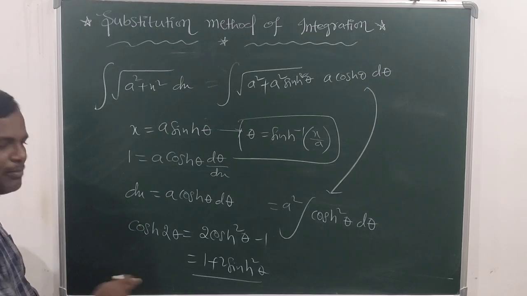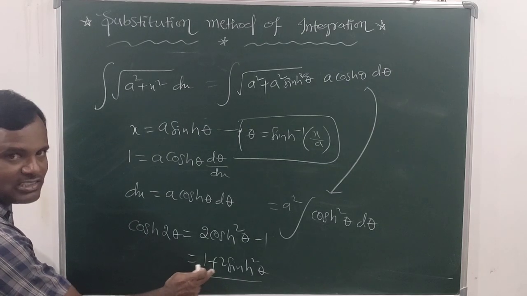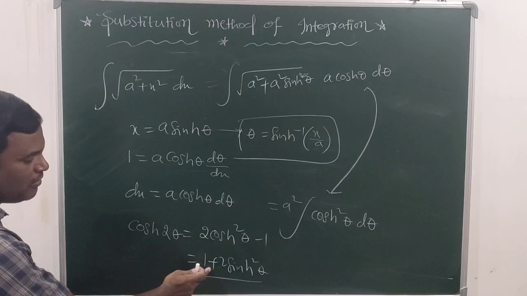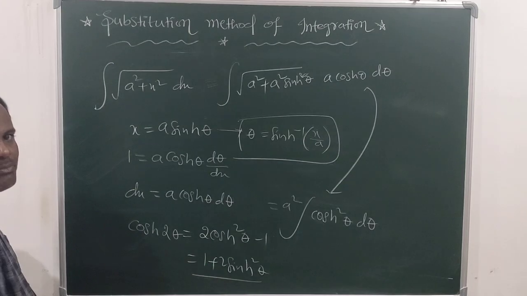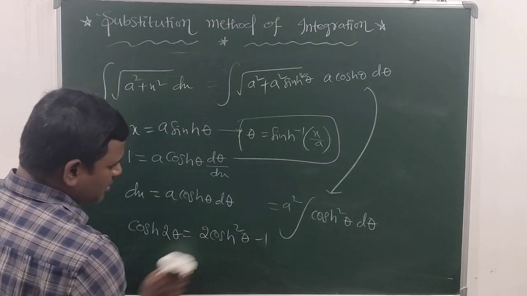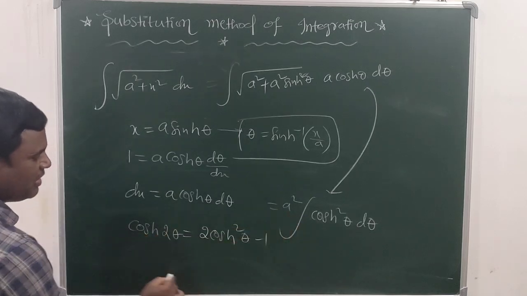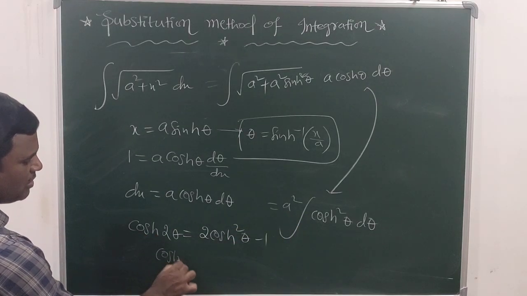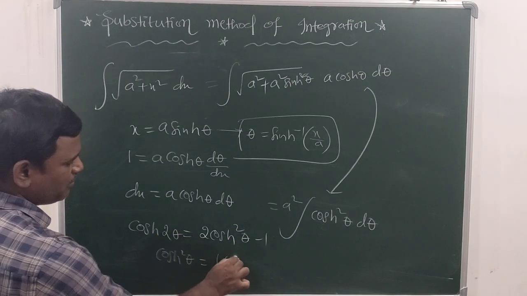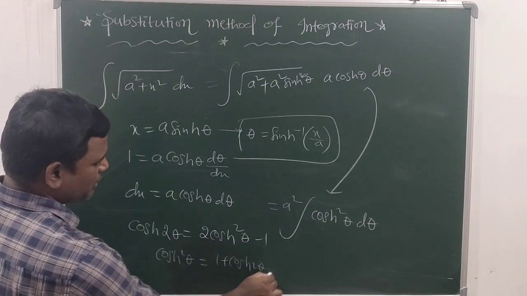In basic trigonometry you will get a minus sign, but in hyperbolic functions you will get a plus sign. Remember that point. Very useful relation. So here, cosh square theta can be written as 1 plus cosh 2 theta by 2.